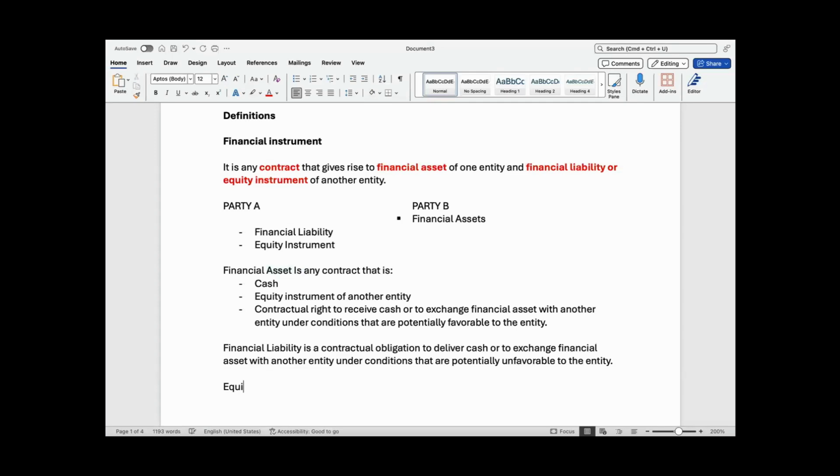The third one is equity instruments, and this is typically when an entity issues share capital, especially ordinary share capital. That's when the entity has an equity instrument, when you need shareholders.